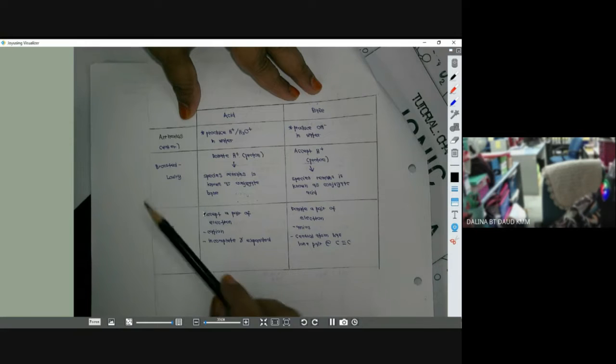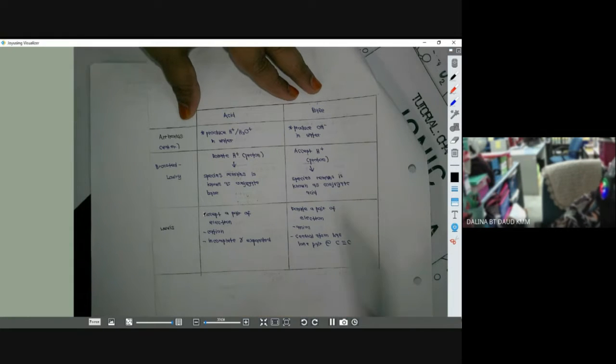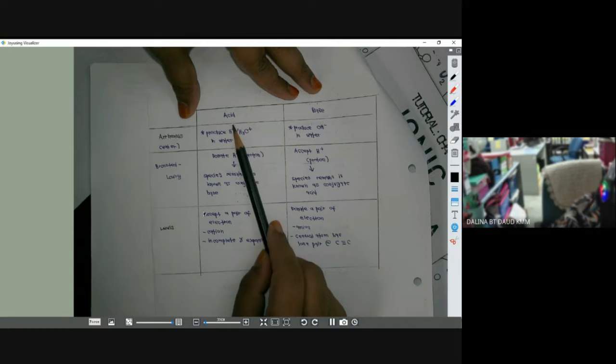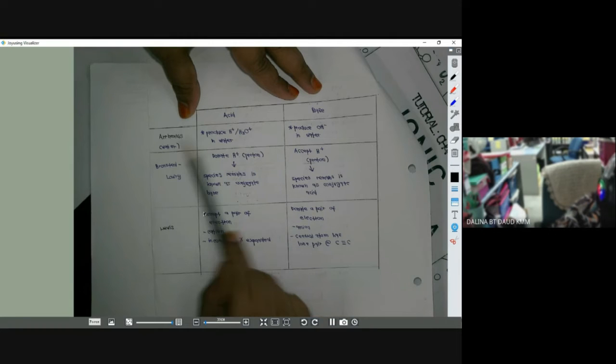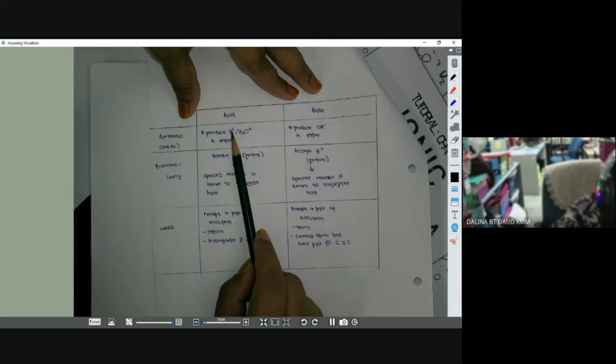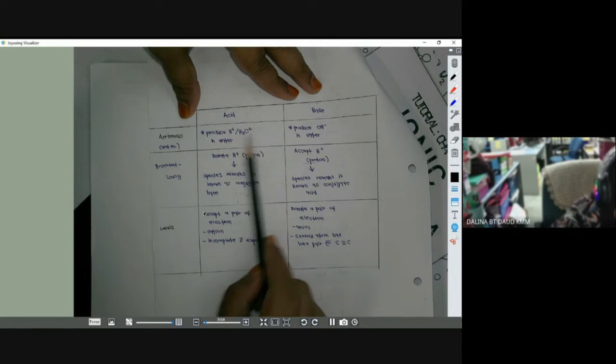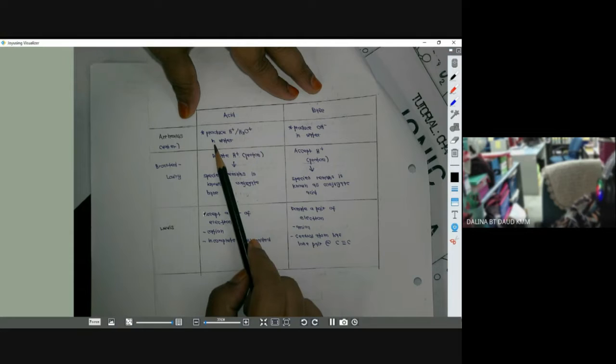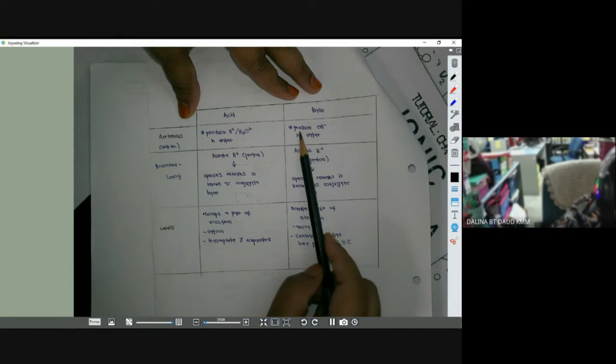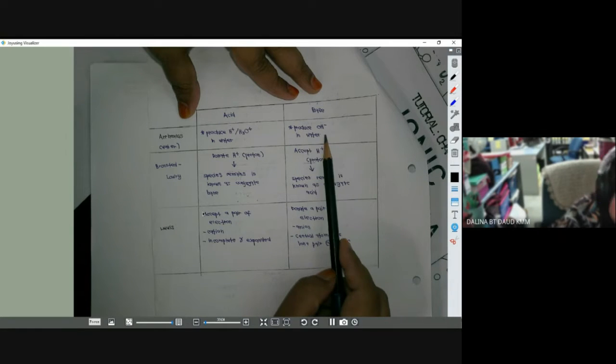Kalau Arrhenius, it will define acid as producing H plus or H3O plus in water. Okay, so base pula, it will produce OH minus in water. So this one is according to Arrhenius.